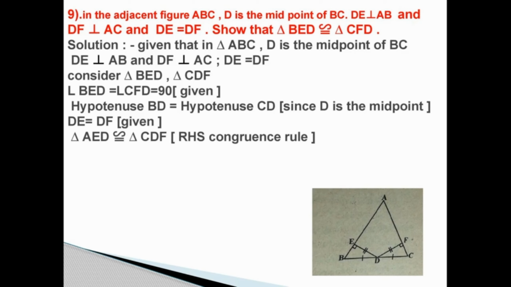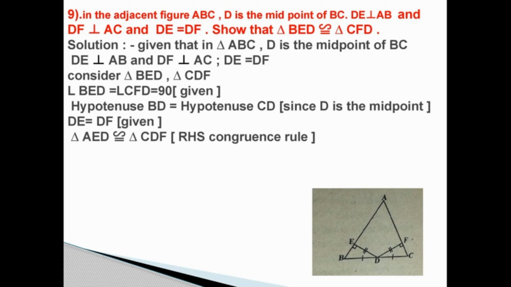Solution. Given that in triangle ABC, D is the midpoint of BC, DE is perpendicular to AB and DF is perpendicular to AC, DE is equal to DF. Consider triangles BED and CFD: angle BED is equal to angle CFD is equal to 90, which from the figure we know.